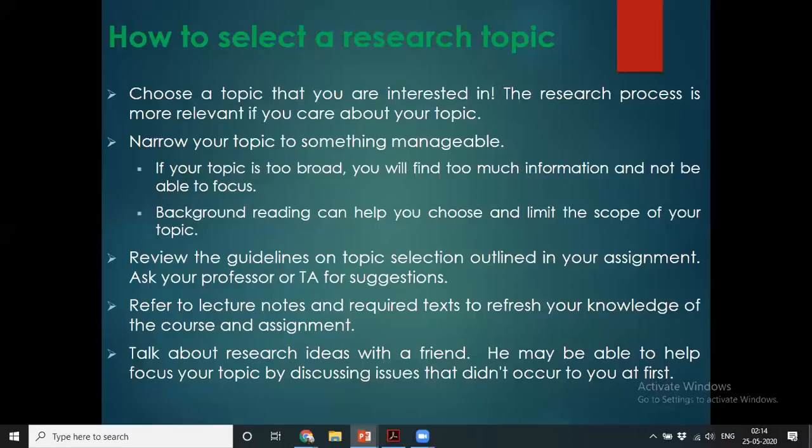Also, while selecting the topic, you can refer to the lecture notes and ask the text to refresh your knowledge of the course and assignment. Because in a PhD, in the first year, generally the research scholars get involved in coursework.